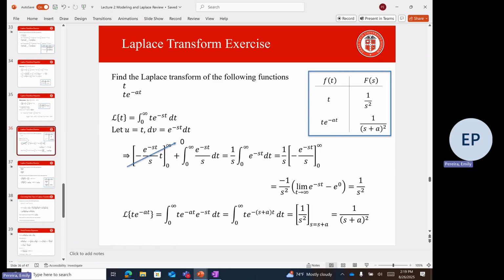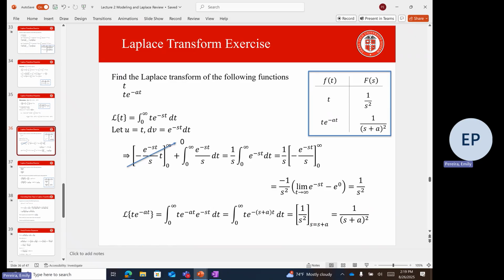There's a couple of functions that are really interesting that are time dependent. So if you have just a function that is dependent on the time t, this is going to turn out to be 1 over s squared in the Laplace domain. And similarly, if you have a decaying exponential multiplied by time, this is going to be also a quadratic function in the Laplace domain.